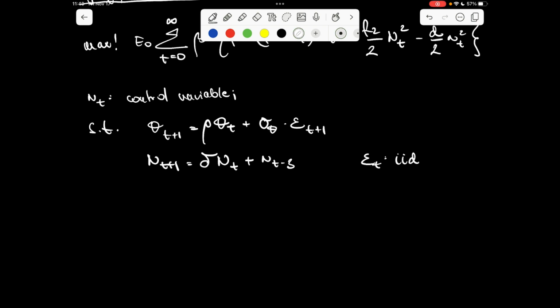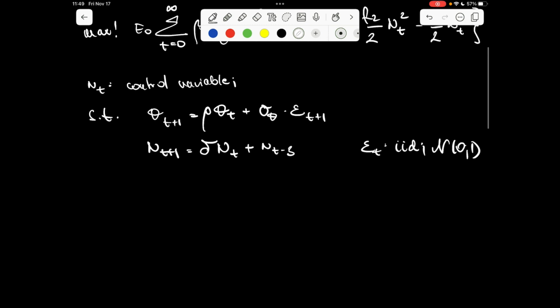This is an IID shock with zero mean. Okay, so it takes 4 periods for the new entrants to the schooling system to become a full-fledged labor force.